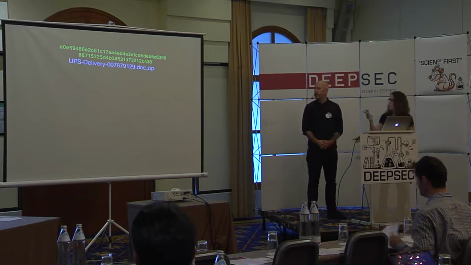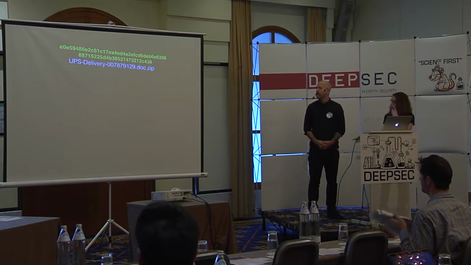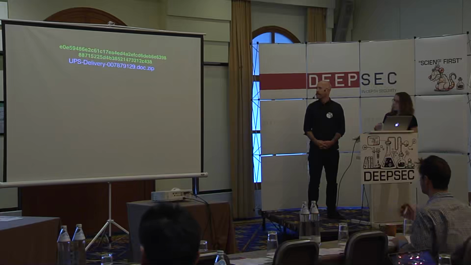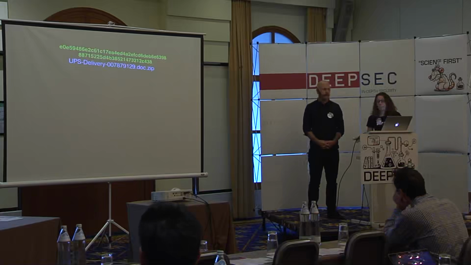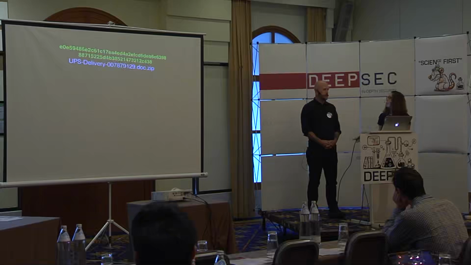So the top line is the hash that we were analyzing. It was seen sending this attachment, which is a UPS delivery message, supposed to be like you have a package, but you have Locky.